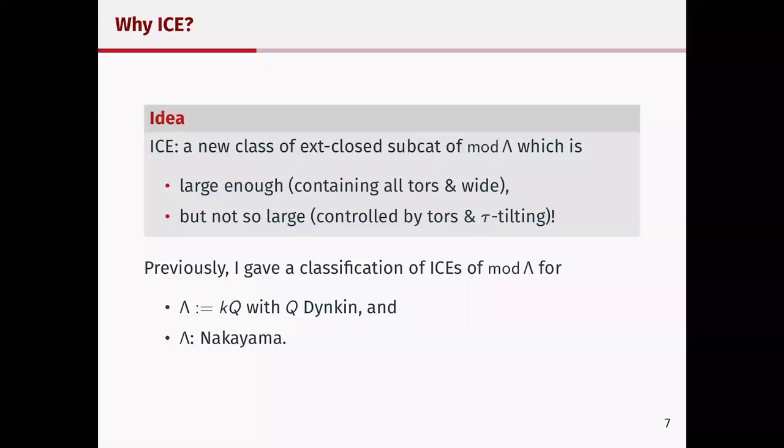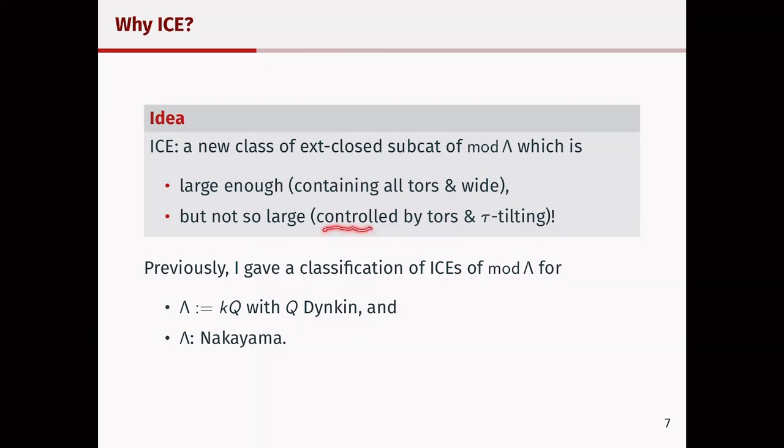In the representation theory of algebras, there is a lot of research on extension closed subcategories of module categories, but in general there are lots of extension closed subcategories. The ICE closed subcategory is large enough because it contains all torsion classes and all wide subcategories, but not so large. I will explain the meaning of this later.